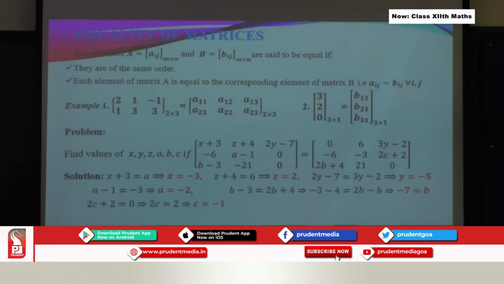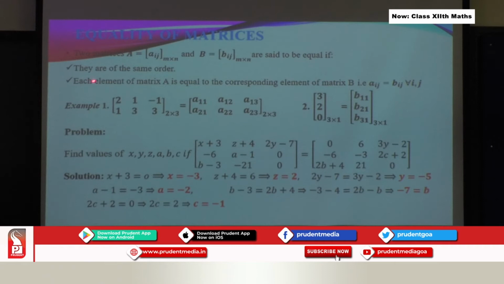Let's go to the next concept, equality of two matrices. Now here two matrices, A with elements Aij, you can see the order is m cross n, and matrix B with elements Bij, the order is m cross n, are said to be equal if they satisfy these two following conditions.